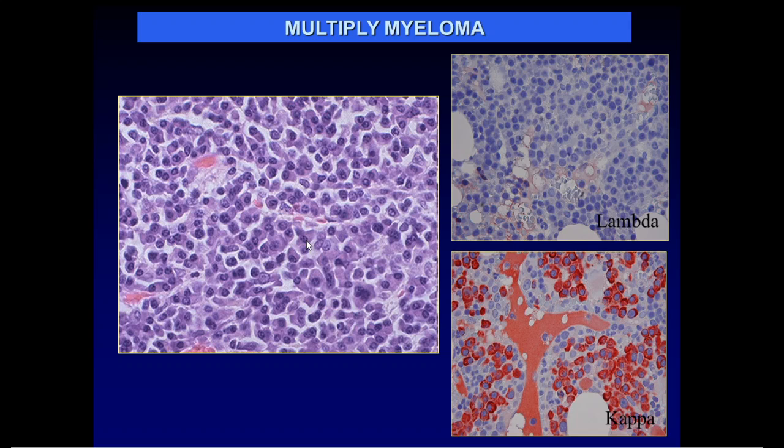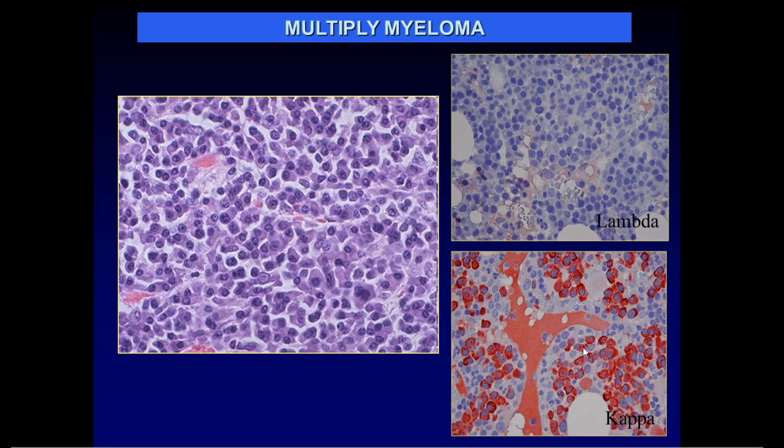So these granules are not nucleoli. This is just granular chromatin inside. And a lot of mostly basophilic cytoplasm. And here we start with the first example of an immunohistochemical test.